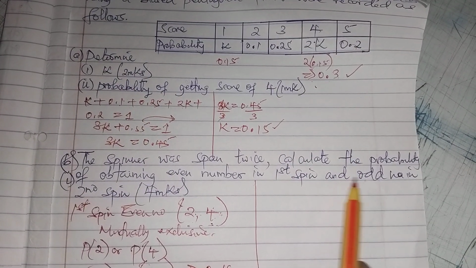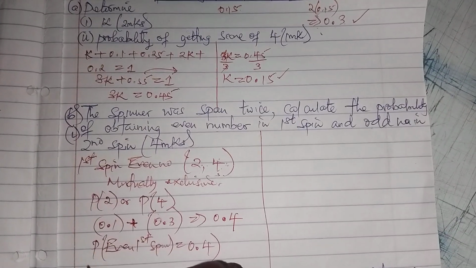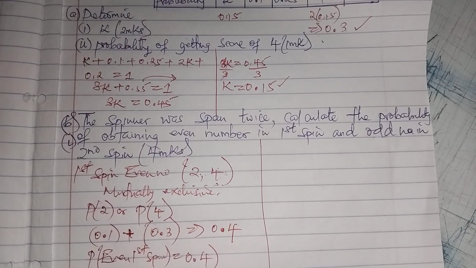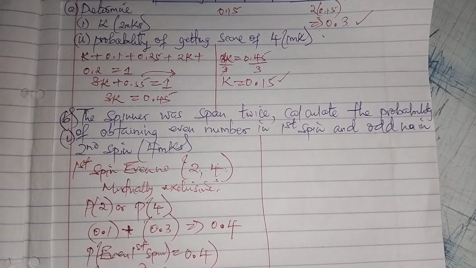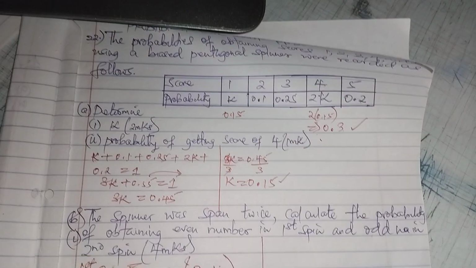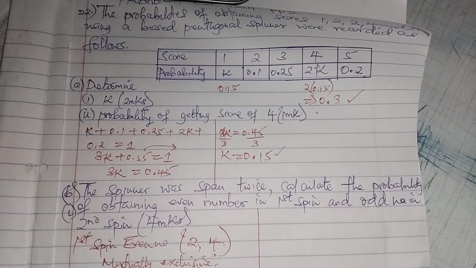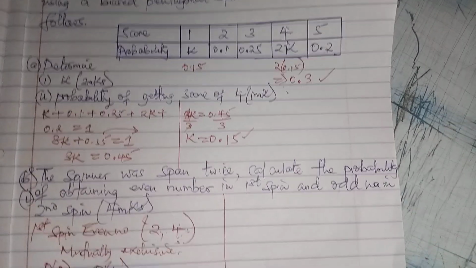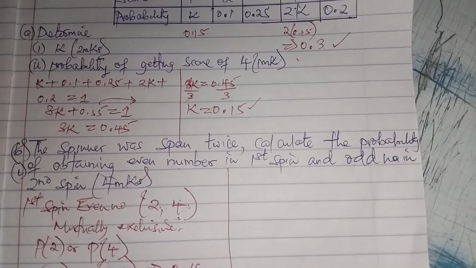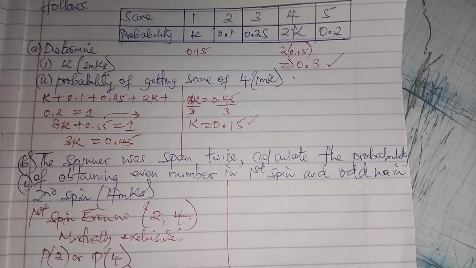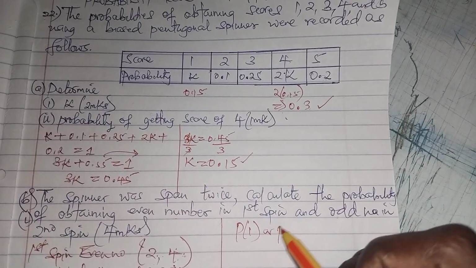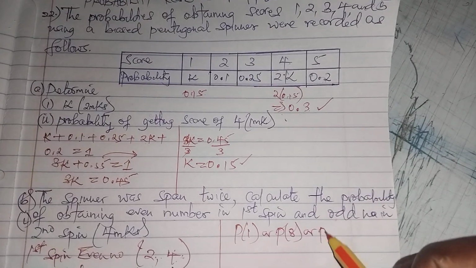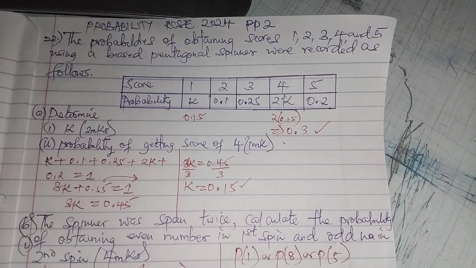Now what about the second spin? They were saying an odd in the second spin. So the probability of getting odd in the second spin. So the odd numbers are 1, 3, then you have 5. But then again, 1, 3 and 5 are exclusive events in the second spin. So you can either get 1, or you can get 3, or you can get score 5.